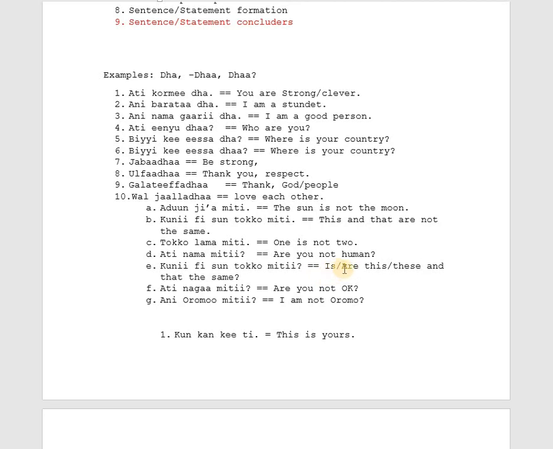So we can either say, is this the same as that, or is this the same? Is this and that the same, or are this and that the same? Could be plural or singular.